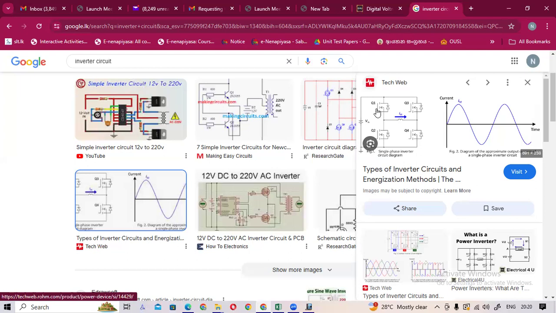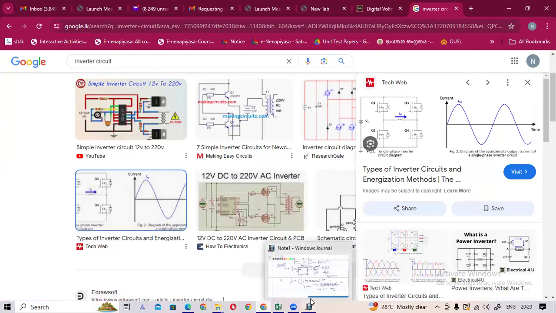One time when you switch these two, the current goes in this direction, a constant current, so the voltage is in this direction. Then once the other two switch, the current goes through this direction.